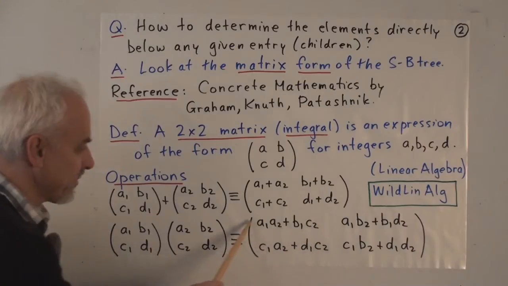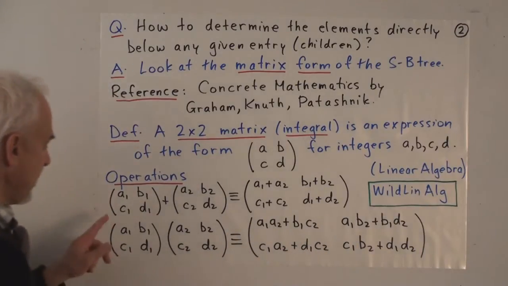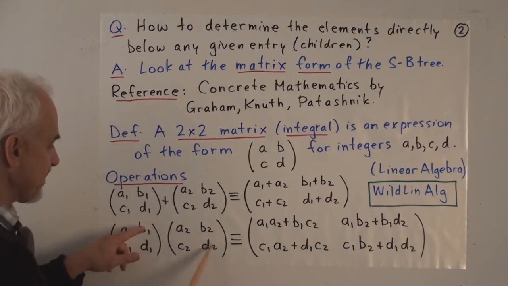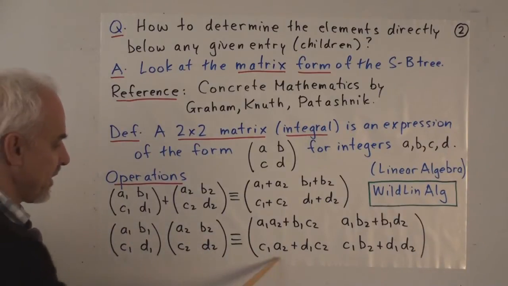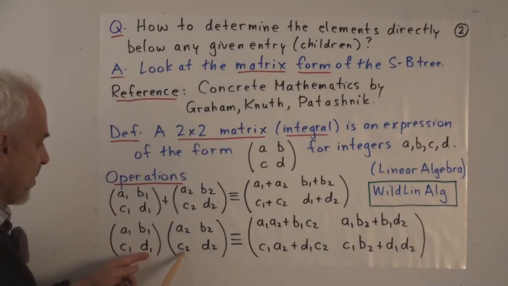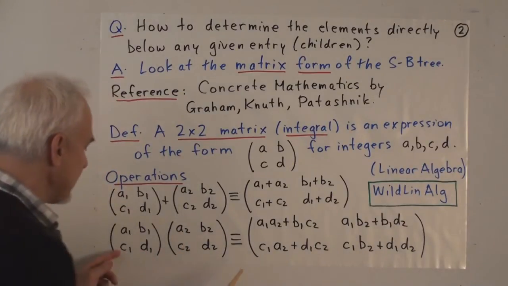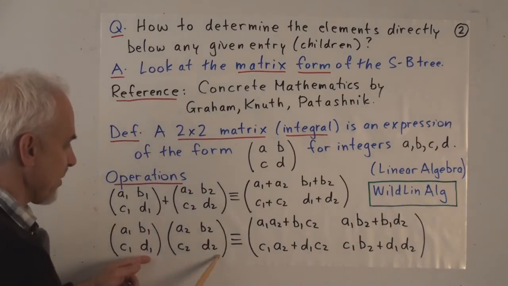That's that entry there. This entry here is a1 b2 plus b1 d2, the first row times the second column. This one is the second row times the first column, so c1 a2 plus d1 c2, and this is the second row times the second column.